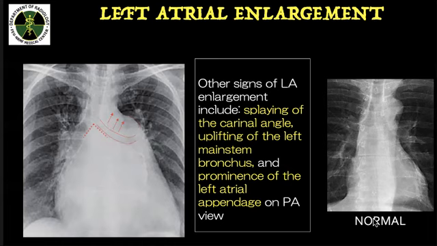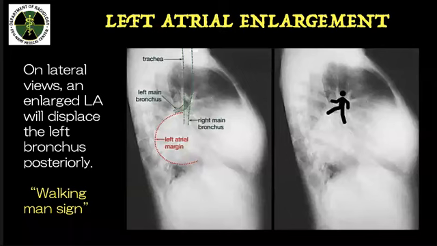In normal, with no left atrial enlargement, it should look like this. There will be no prominence of the left atrial appendage and no splaying of the carinal angle, which are seen in your left atrial enlargement. On lateral views, an enlarged left atrium, because it is seen posteriorly, will displace the left bronchus posteriorly.